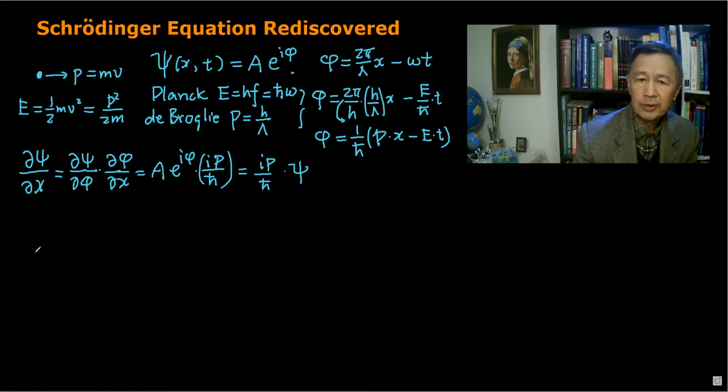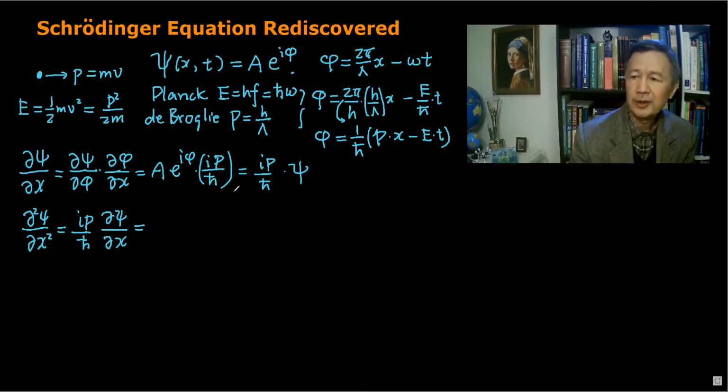Then let's go to the second partial derivative with respect to x. The second partial derivative of psi can be written as, let's just put this factor in front, i p over h bar and the first derivative, partial psi over partial x.